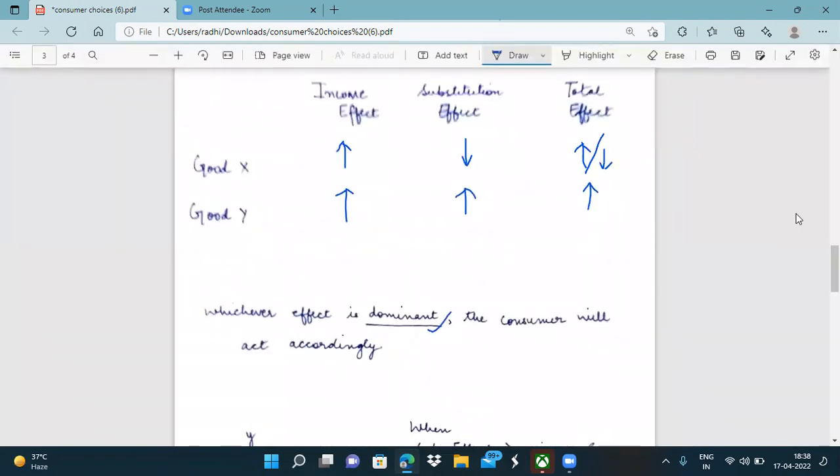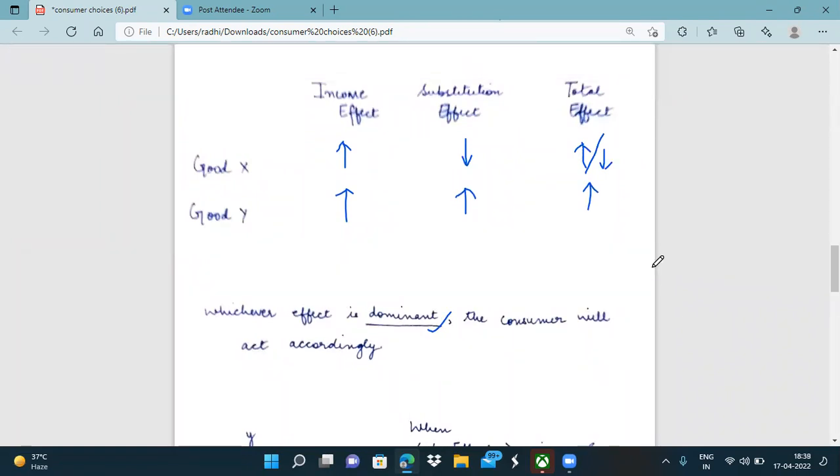Now, let us plot the situations graphically and see how the graphs turn out.